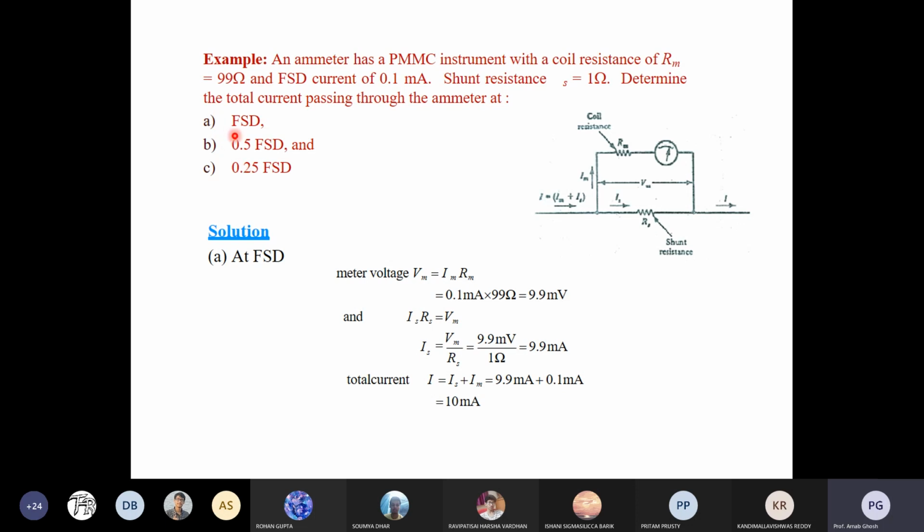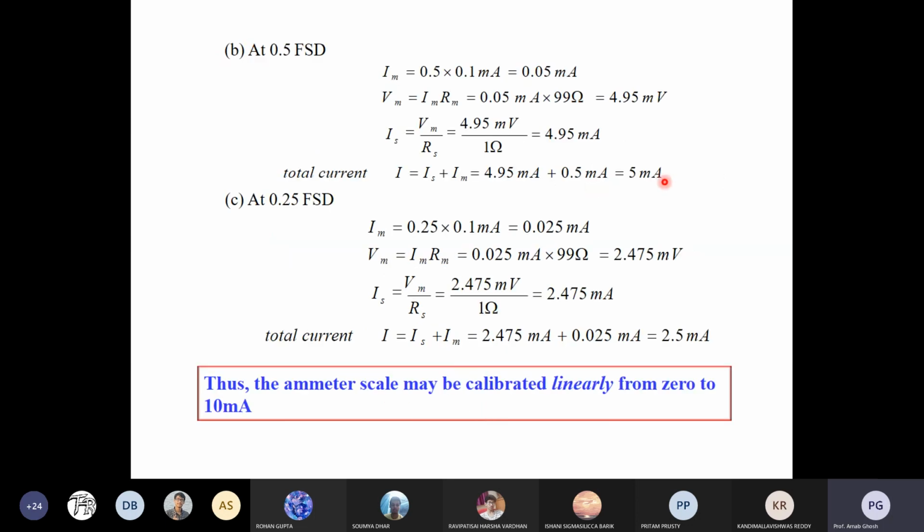Three conditions are there. As per the results, in the first case the total current is 10 milliampere, in the second case 5 milliampere, and in the last case 2.5 milliampere.